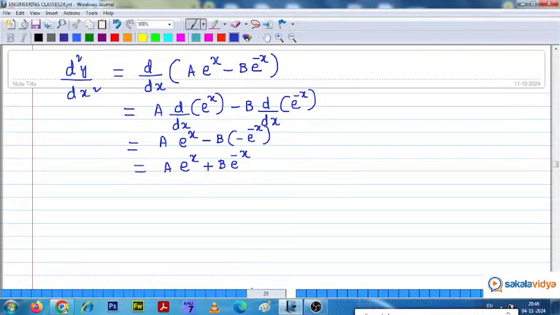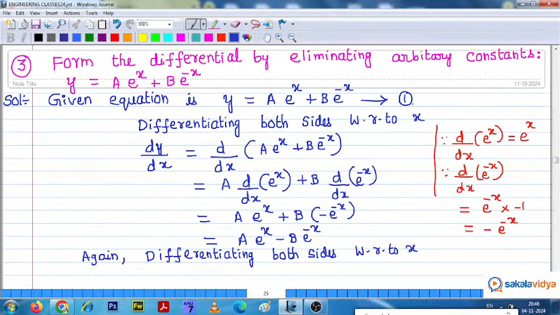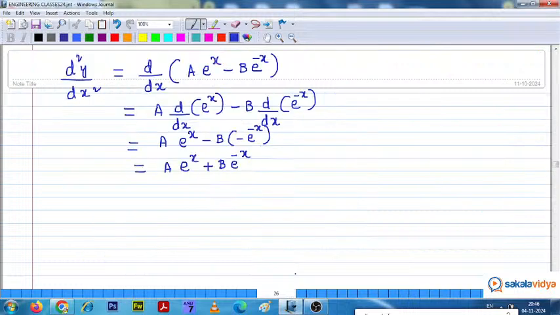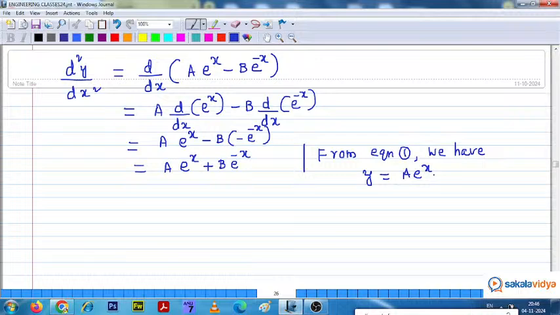So what do you observe from the given equation 1? a times e power x plus b times e power minus x is nothing but y. So that means from equation 1 we have y is equal to a times e power x plus b times e power minus x. So what shall we do now here?